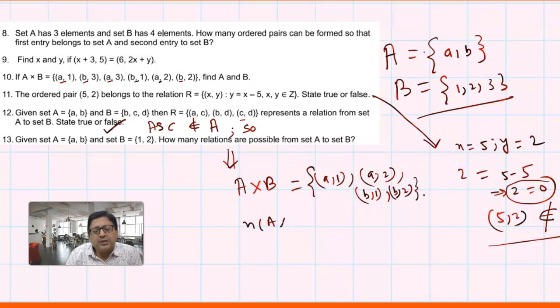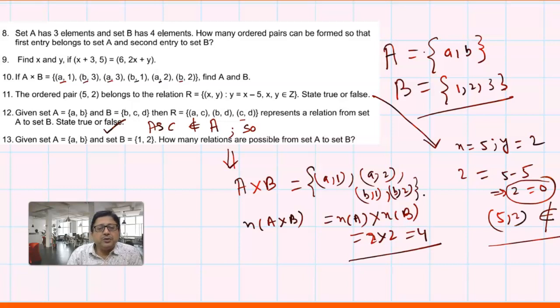So in A cross B the number of elements is NA into NB. We got 2 into 2, which is equal to 4. So how many relations are possible from set A to set B? It is from set A to set B. How many relations?